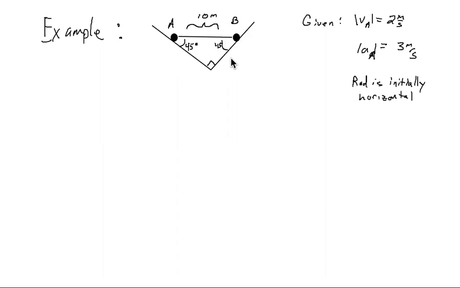and we are given the speed and acceleration of point A, and they're both going down the ramp.